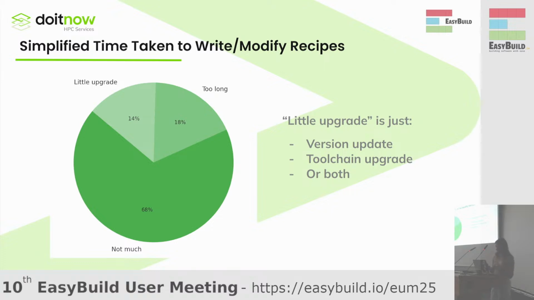And luckily, most of the installations fall in the not much category. Here we are talking about 1 to 2 hours maximum. So again, not that bad. And this is maybe EasyBuild's fault, because we need to debug something, change some syntax, have to do tweaks for the site. But it's not that bad. And the ones that fall in the too long category, which is the 18%, here we are talking about days or even weeks, maybe even some months of work.